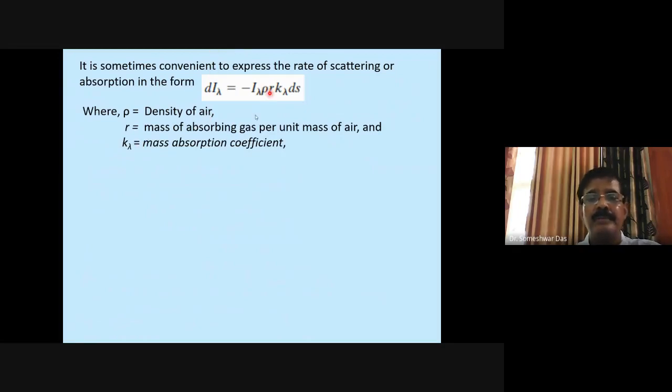So this is how we generally indicate the extinction, or the change in intensity of the radiation as it passes through a layer of the atmosphere, and that will depend upon the density of the air, the mass of the absorbing gases in that layer, and the mass absorption coefficient.